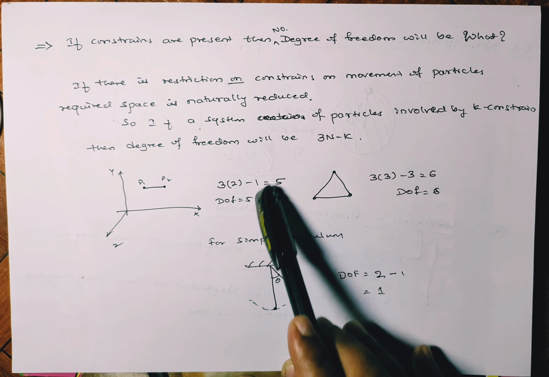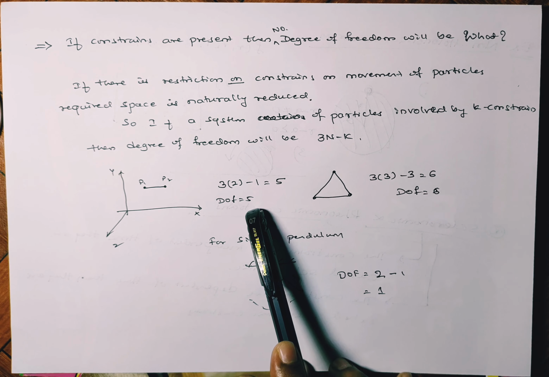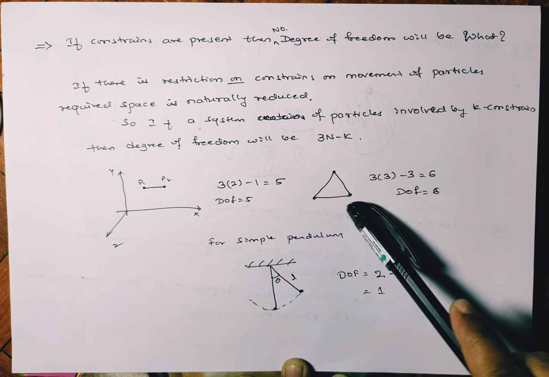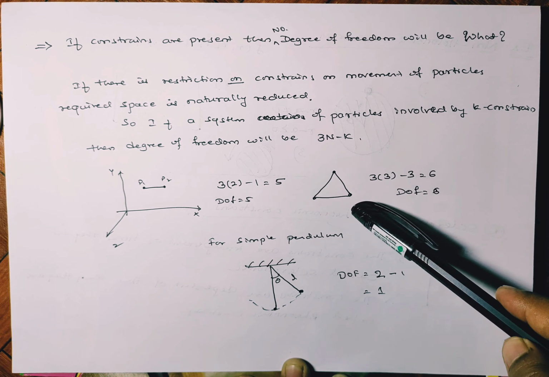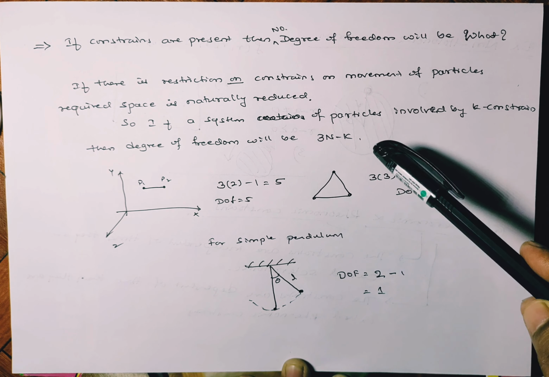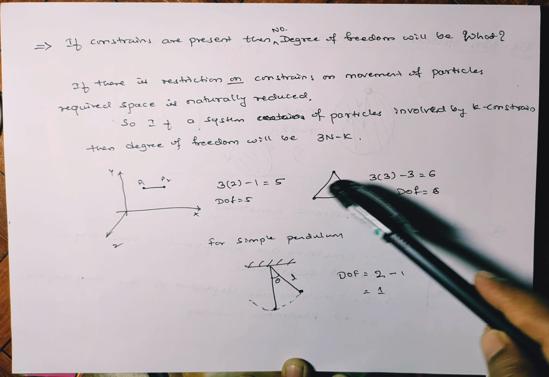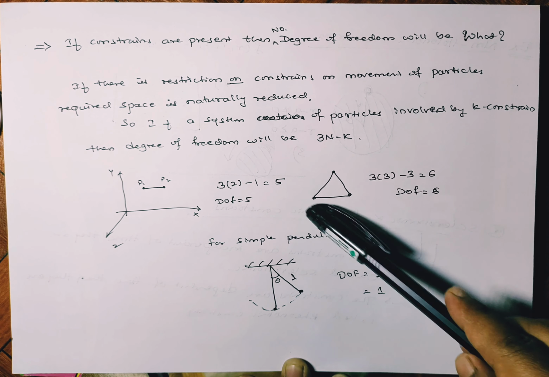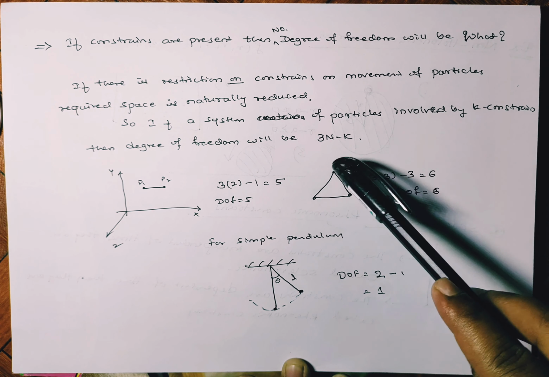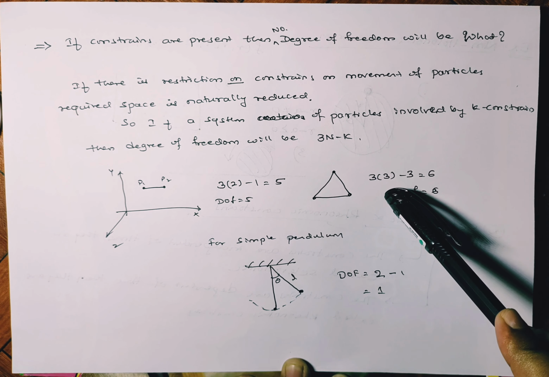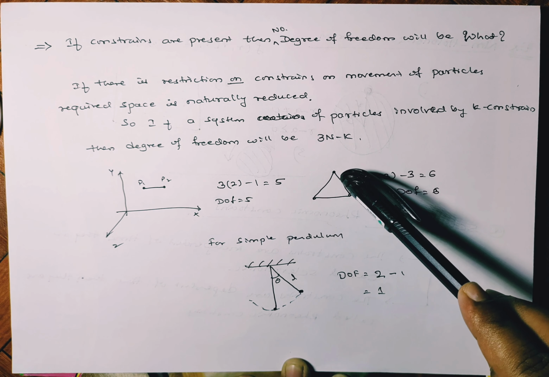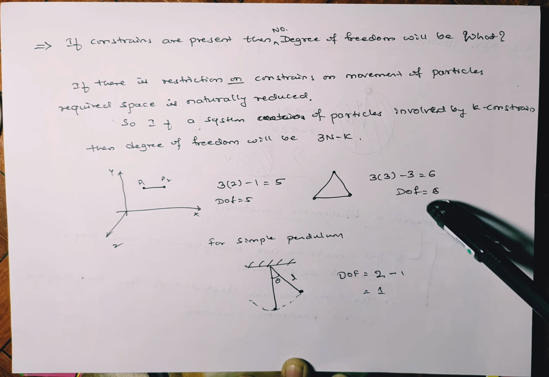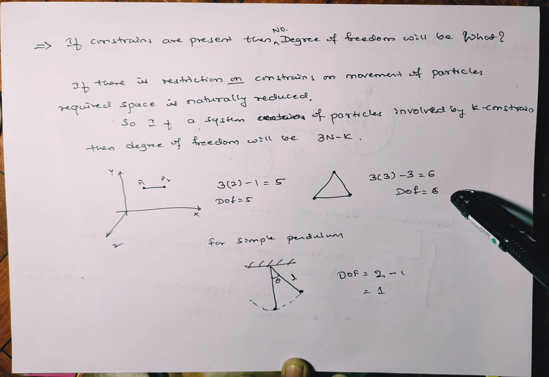So the degrees of freedom is 5 here. Let us see one more example. There are three particles. These three particles are connected to each other. Now the degrees of freedom for these three particles is again 3 into 3 minus the constraints, 1, 2, 3. So the degrees of freedom is 6.